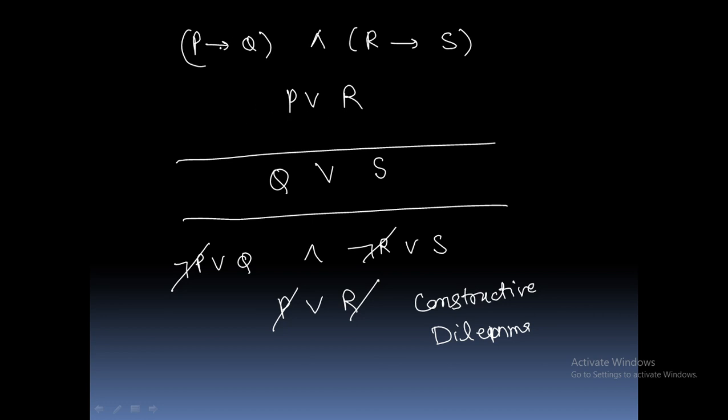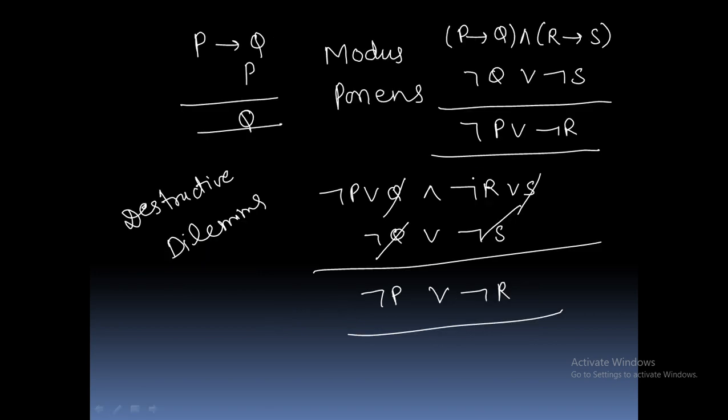When we solve this, P implies Q will be converted into negation of P or Q, and R implies S converts into negation of R or S. P or R, P cancels with not P and not R cancels with R. We find result Q or S. This is a constructive dilemma. Next is P implies Q and P, P cancels with P, and we find Q is the answer.